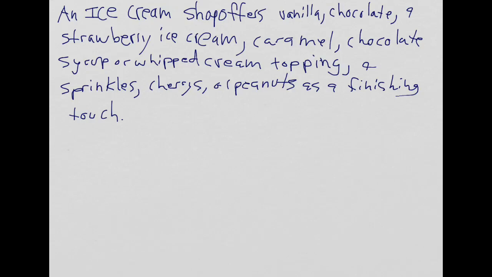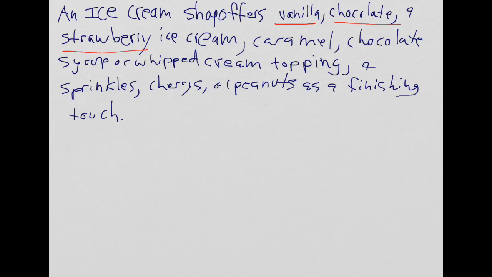There is an ice cream shop in town, and for, let's say, $2.50, they offer you a pretty good deal on a sundae, and you get to build your own sundae. You have 3 choices for the type of ice cream, either vanilla, chocolate, or strawberry.